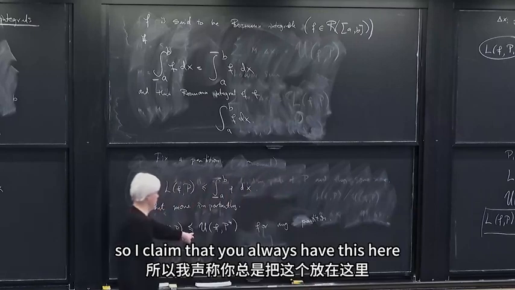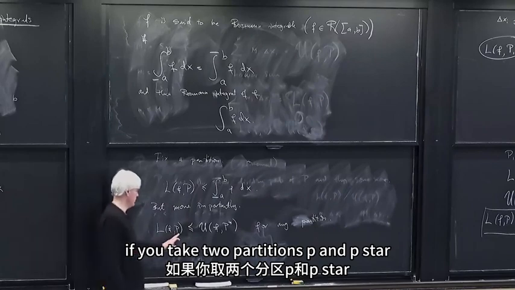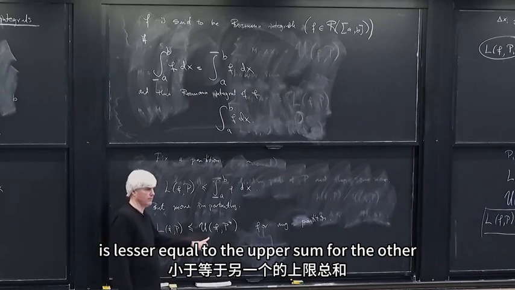So I claim that you always have this here. If you take two partitions, P and P star, then the lower sum for one is less or equal to the upper sum for the other.